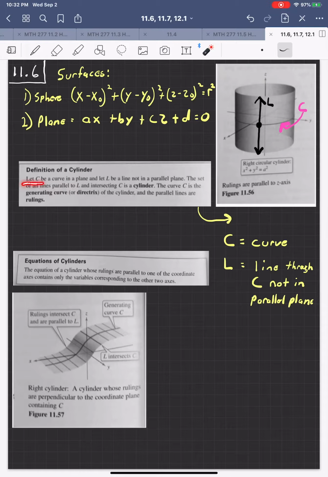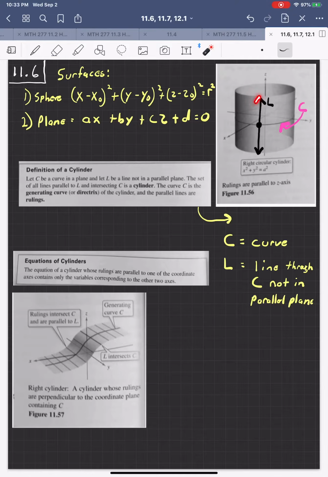It says, let C be a curve in a plane. And you can see my arrow. So for example, this circle would be a curve in a plane. It doesn't have to be a circle, right? Just C is, in other words, a curve. All right, and let L be a line not in a parallel plane.